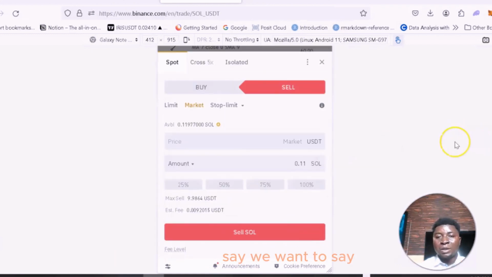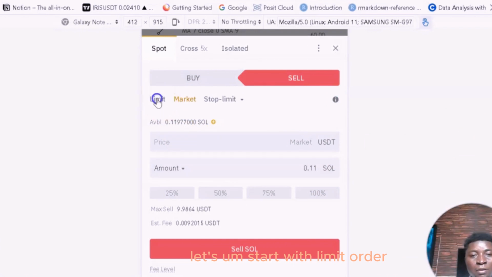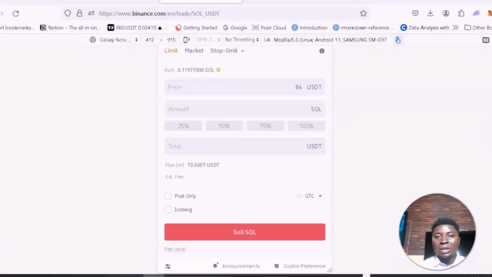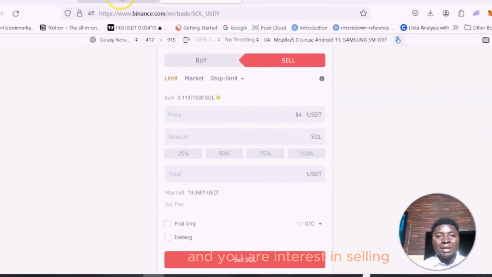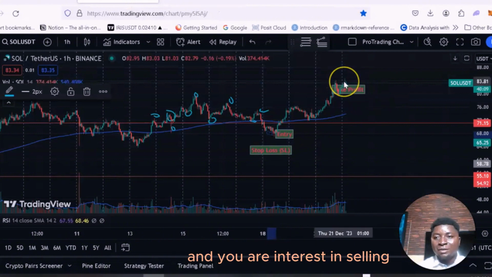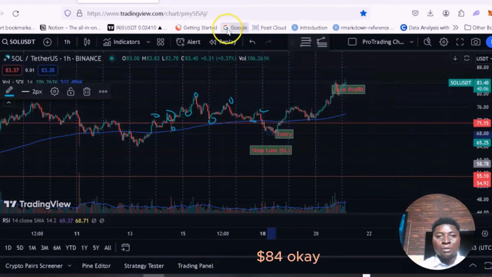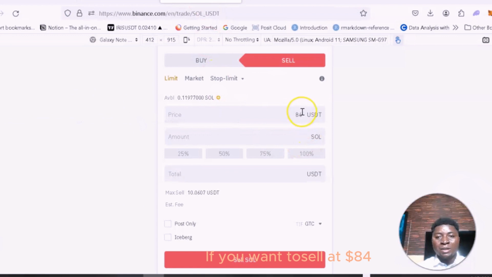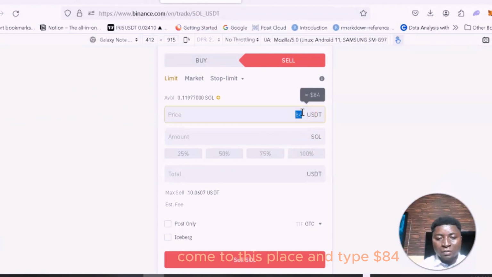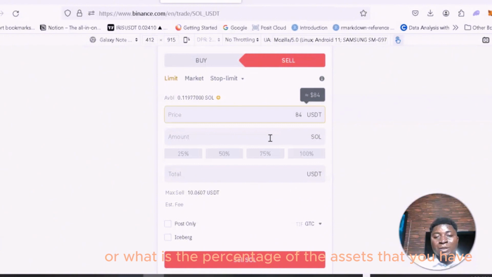So say we want to sell. Let's start with limit order. Let's say we are interested in selling at $84. Come to this place and type $84. Then you choose the percentage of the assets that you want to sell.